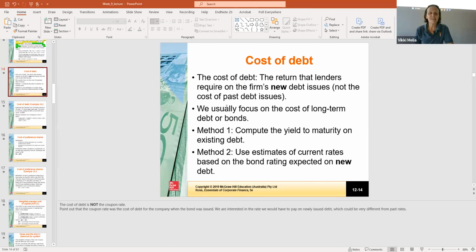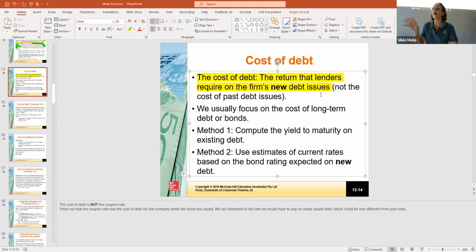So when it comes to debt, ideally, we would be looking at new issues of debt that would happen in the future. In an ideal world, if I wanted to measure the cost of debt, I would be trying to estimate the cost of debt on new issues of debt that would happen in the future.